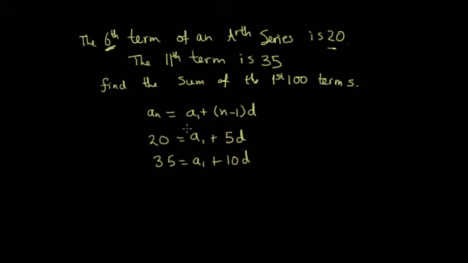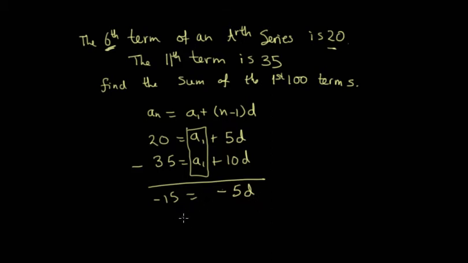So the a1 terms are the same, so let's just subtract these two simultaneous equations, and we will get 20 minus 35 is minus 15, equals 5d minus 10d, which is minus 5d.